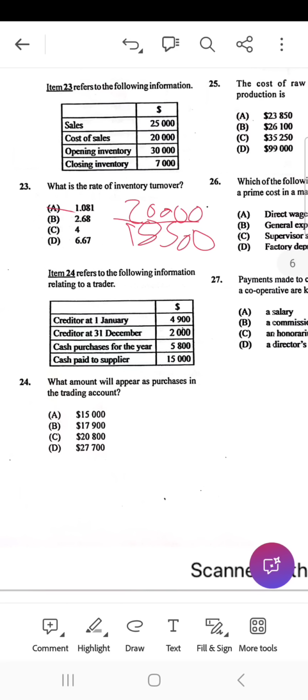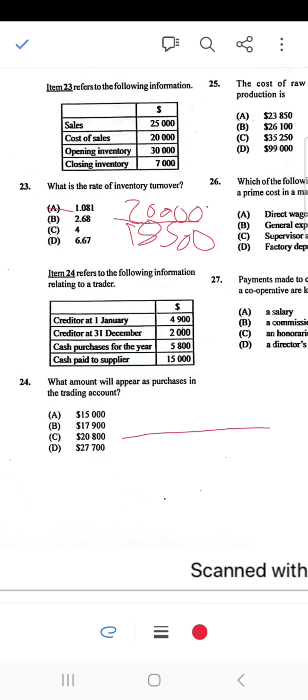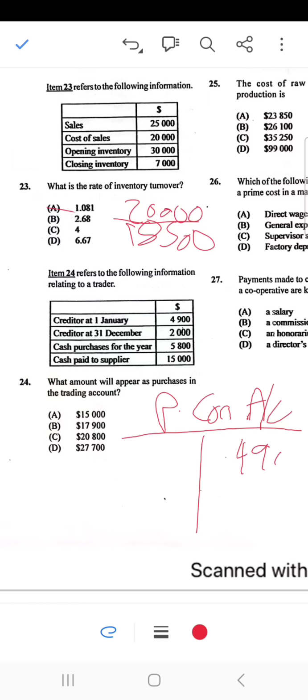Number 24 refers to the following information. They want to know what amount will appear as purchases in the trading account. So they give us the creditors at the start of the year, creditors at the end of the year, cash payments to creditors. So let's take a look at this, right? Let's open a control account. Payables control account. The balance brought down at the start of the year would go on the credit side, 4,900.